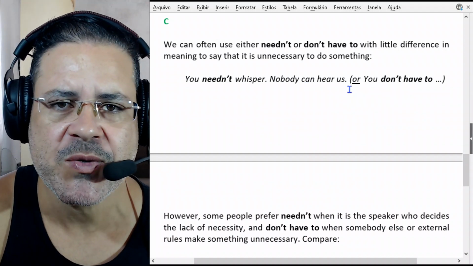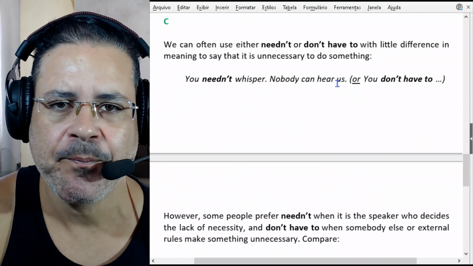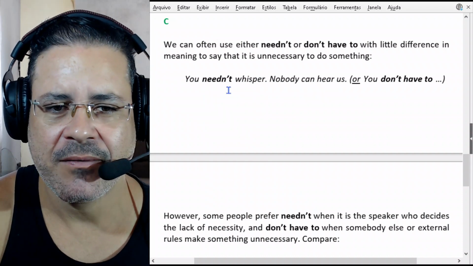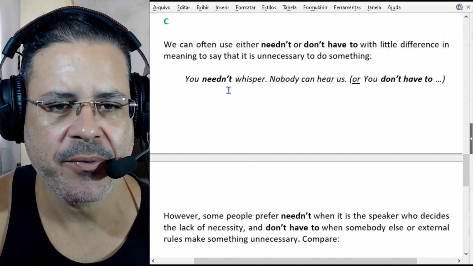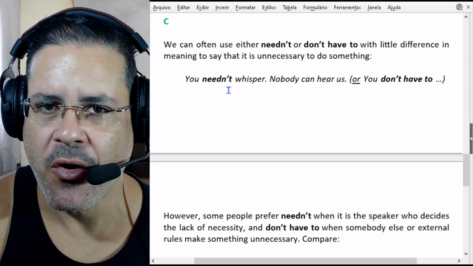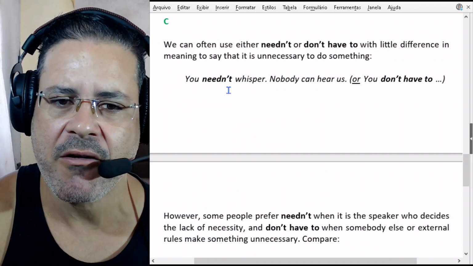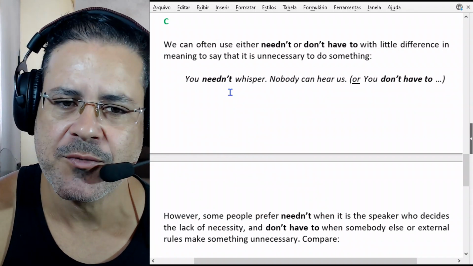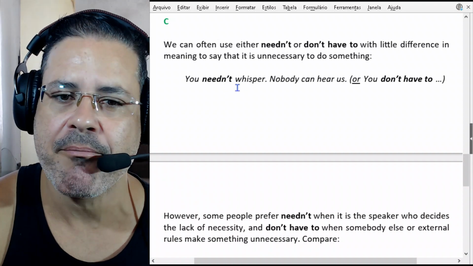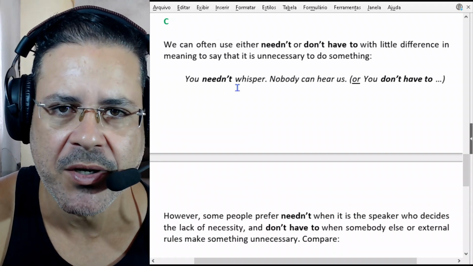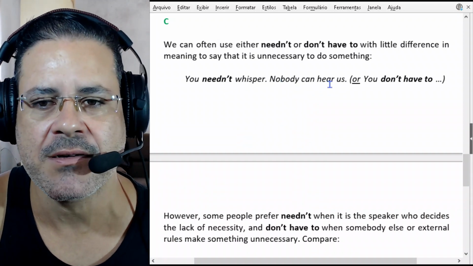Again, needn't, in that case, is a modal verb. It doesn't change its form, it doesn't present variations. It's not followed by a to infinitive, but by an infinitive.